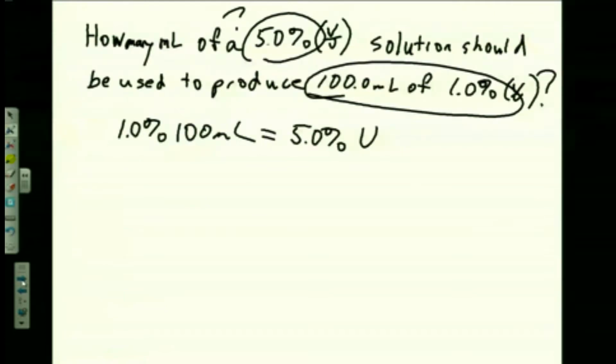The 100 milliliters goes with the lower concentration. So you need to take 20 milliliters of 5% and dilute it to 100 milliliters, and that would give you 1% solution. Right?